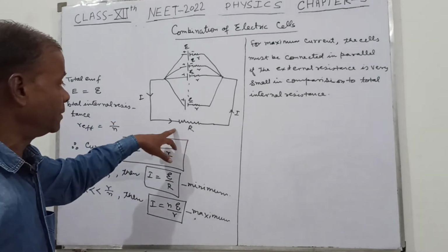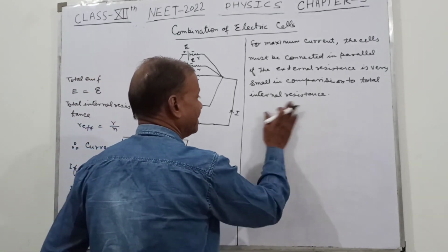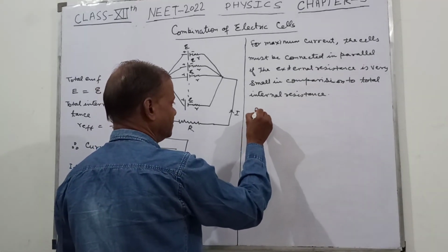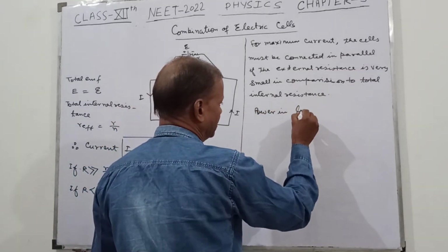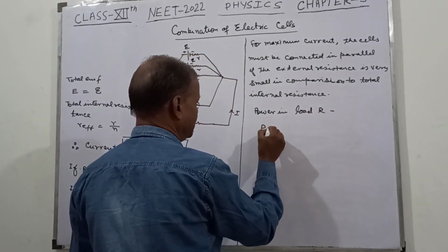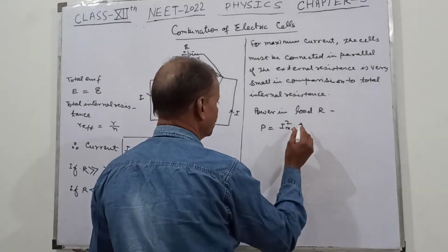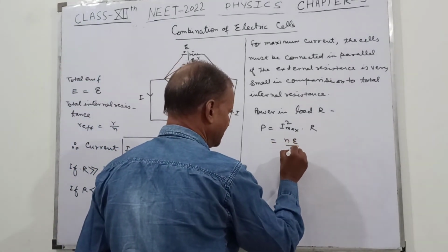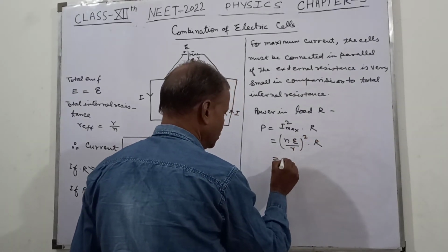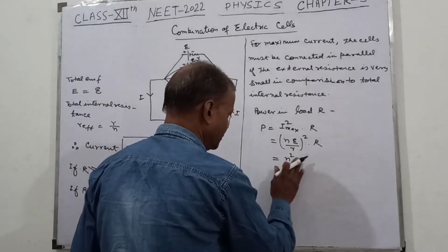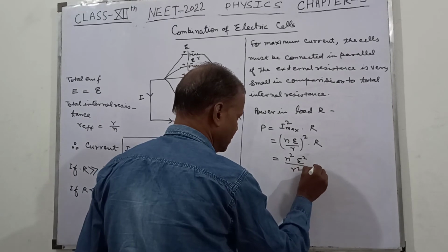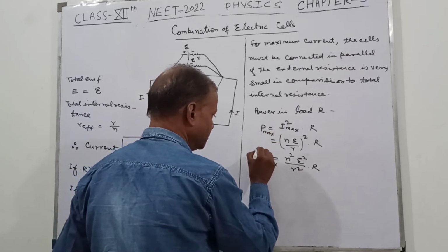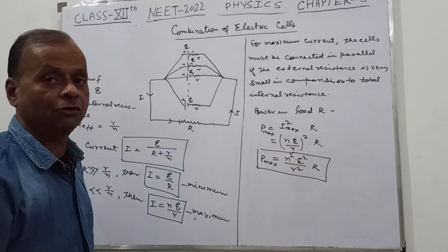So you can find the power in the load. Power in load R: P is equal to I maximum squared into R, and I maximum is nE upon R, whole squared, into R. So this is n squared E squared upon R squared into capital R. This P will be maximum because the current is maximum.